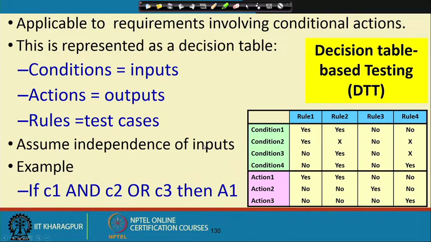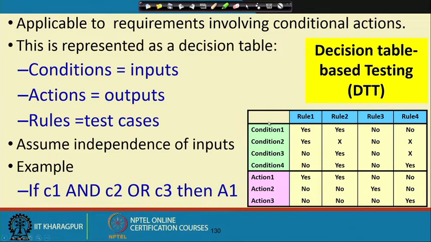Let us revisit the decision table based testing. In a decision table, the upper rows of the table are the conditions, which are basically the inputs, and the lower rows are the actions, and these are the output.